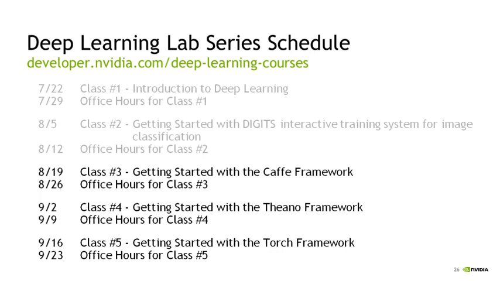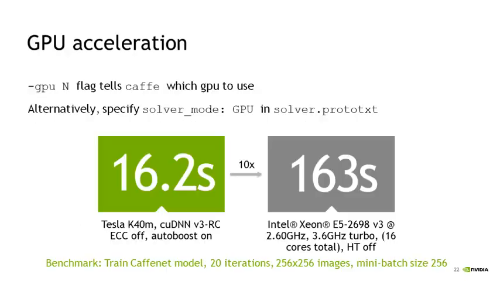Okay, so I think we have time for one more question. I'll answer a GPU-related question on the slides. When we did our comparison of GPU to CPU, I said that I had auto boost turned on the Tesla K40.